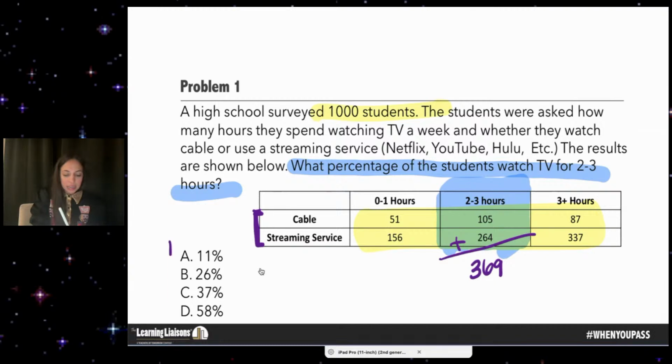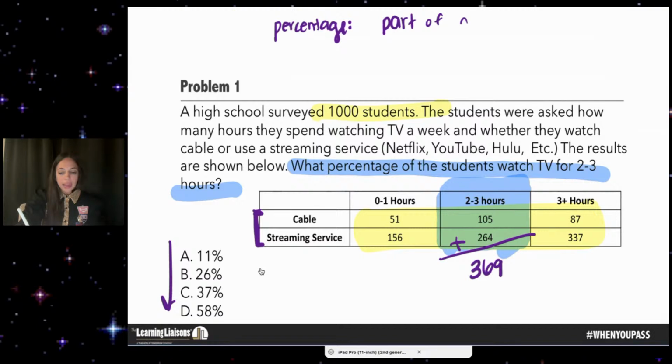Now, that's not the answer because they asked us for the percentage of students that watch TV for 2 to 3 hours. Now, even if a frequency table isn't on your exam, elementary people, what is on your exam is converting percentages, fractions, and decimals and really understanding that as a whole. When we think about what a percentage is, a part of a whole, understanding that the whole is 100%, right?